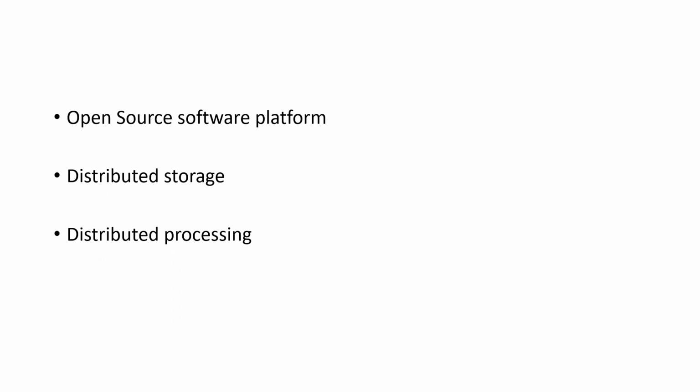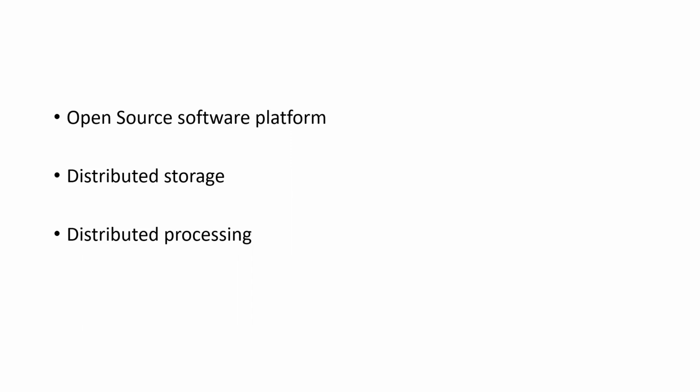And there is another thing called distributed processing. For processing some data, we need compute power, and that can also be distributed in nature. If you distribute the work, it will be much simpler and much faster than the conventional approach of doing it on a single machine.